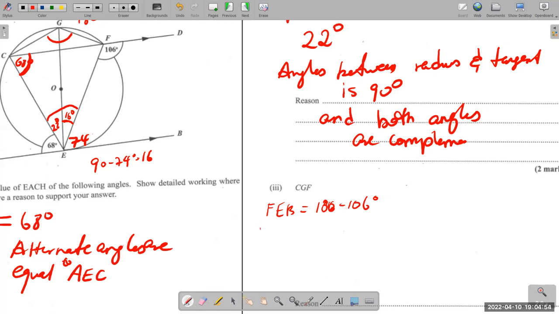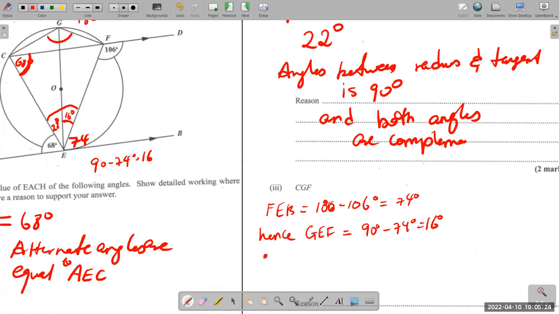And then you're going to say, hence, that's the part that connects it. Hence, what did we find next? Angle GEF is equal to 90 minus 74, and that's how we end up with 16.